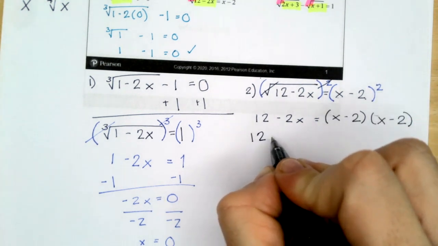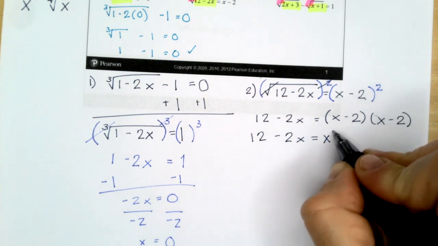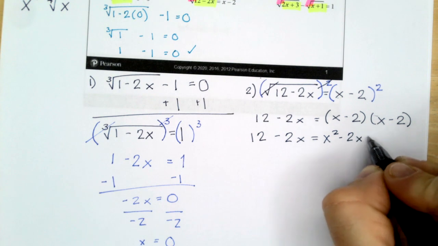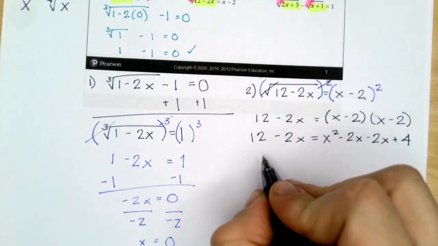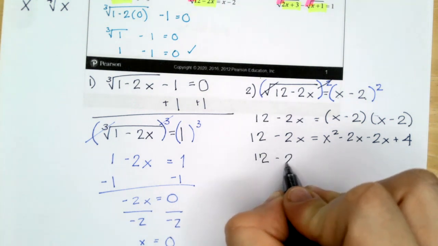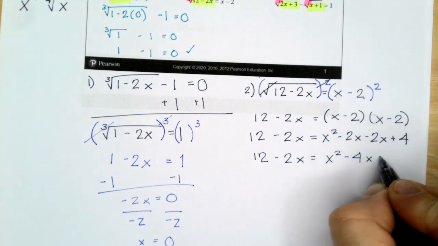So it's 12 minus 2x is equal to, when we FOIL it, x squared minus 2x minus 2x plus 4, right? 12 minus 2x equals x squared minus 4x plus 4.